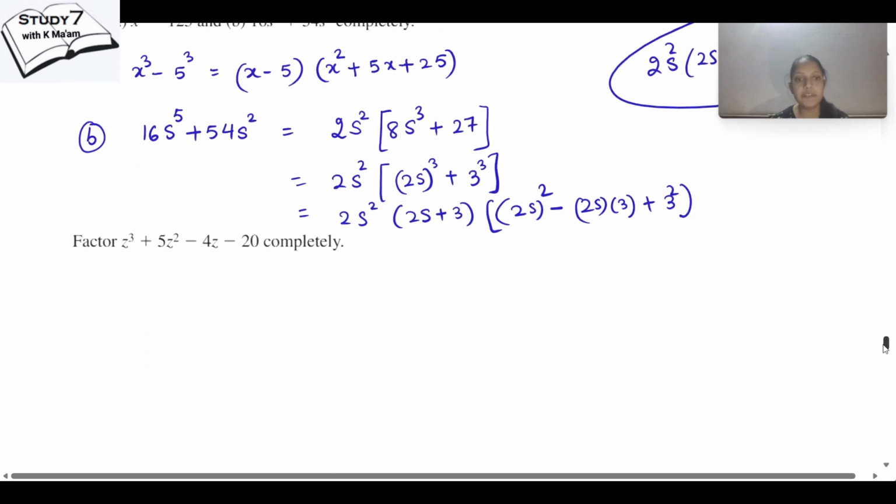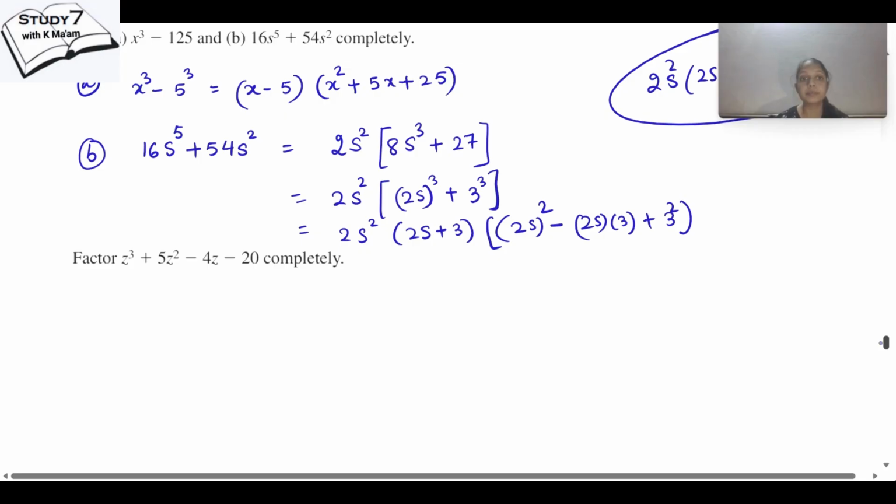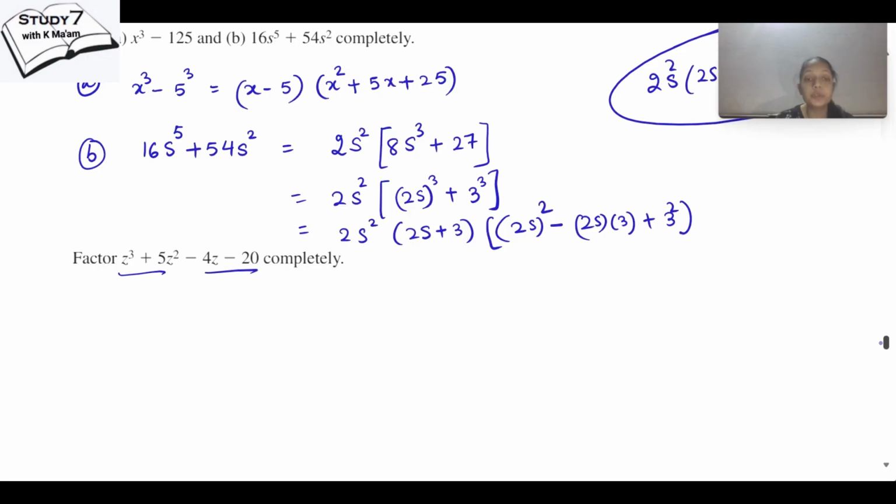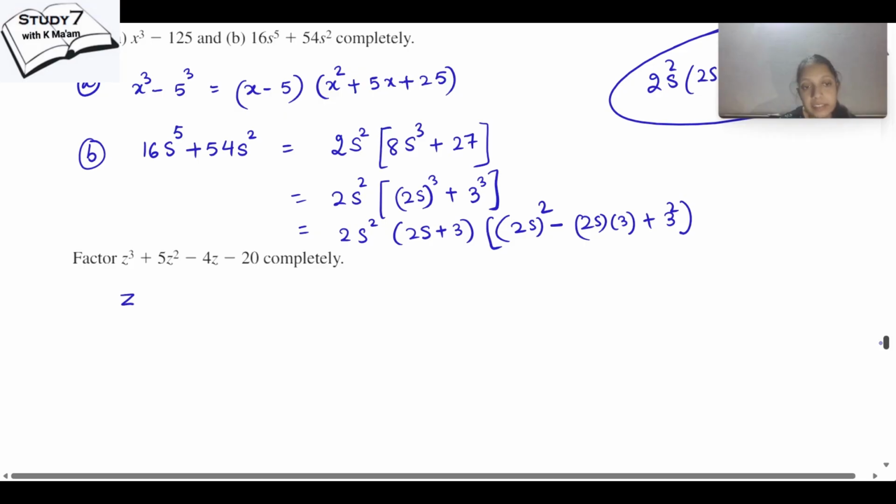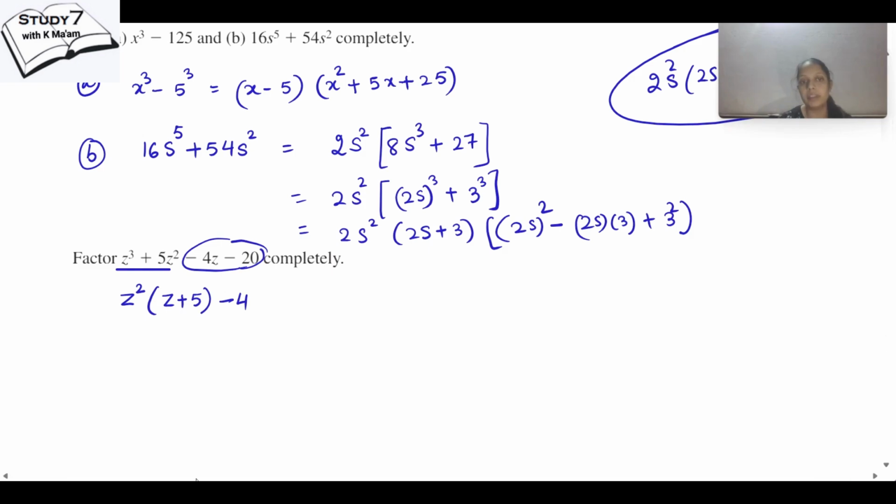Next, it says factor completely. If you look at the first two terms, and next you have these two terms also. From the first two terms, I can take z square common. What is left? Z plus 5 left. From the next two terms, I can take negative out. I can take 4 also common.